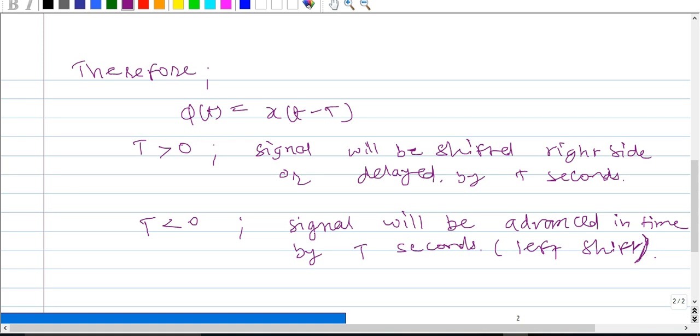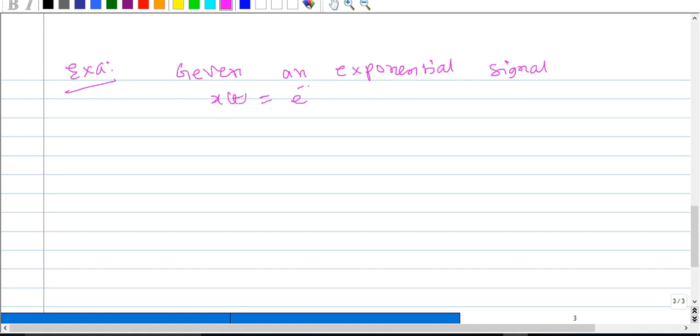Now let us solve an example. We are given an exponential signal x of t equal to e to the power minus 2t, as shown in the below figure.